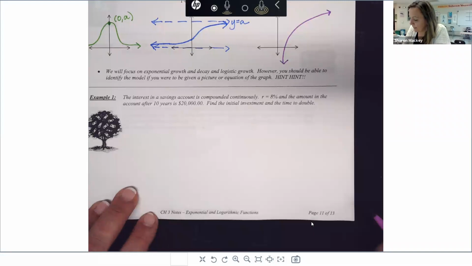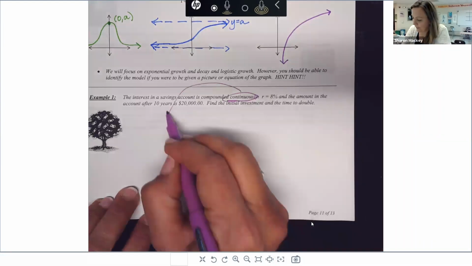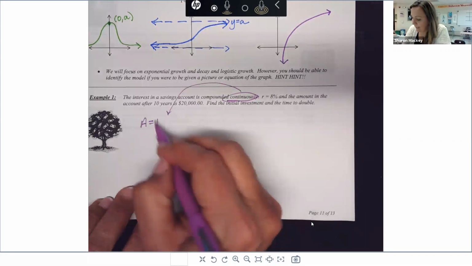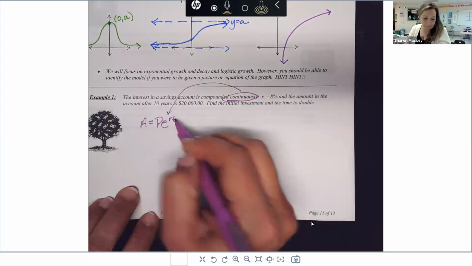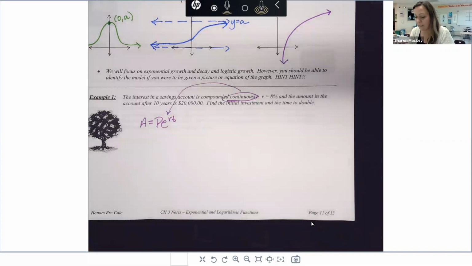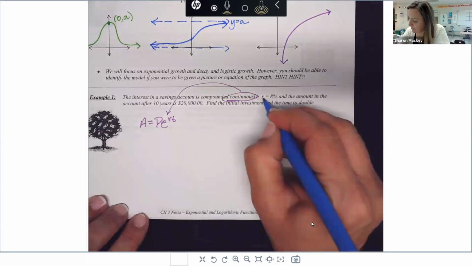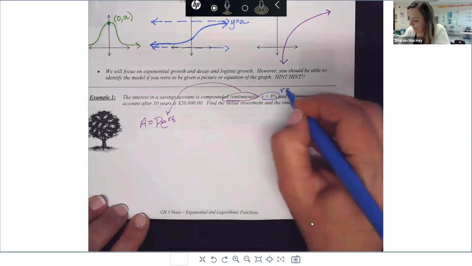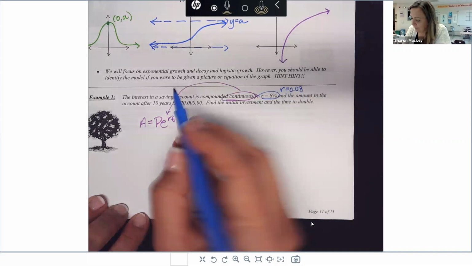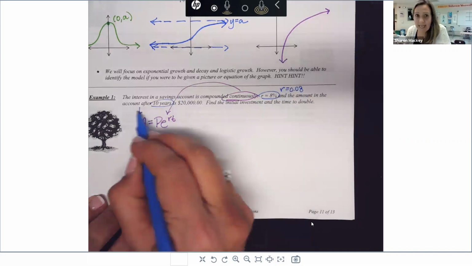Well, first of all, when it's compounded continuously, that tells us that we're going to use that equation, A equals P times e to the rt. Okay, so we just need to know what to put into those different pieces. So we look here, we know that r is 8%, so our r is 0.08. It's after 10 years, that tells us that t is 10.